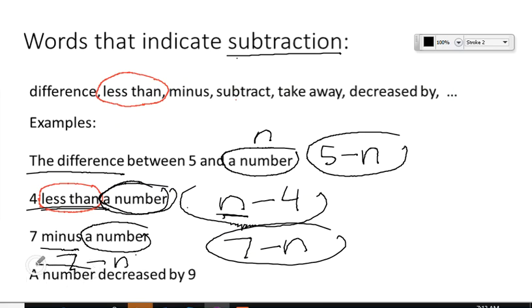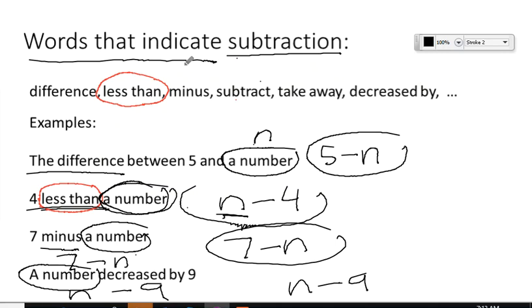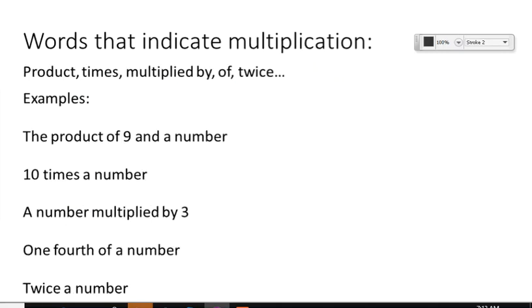Let's just translate this: a number decreased by 9. Something very key for this lesson is to pay attention to the words. Whatever the words are telling you, you just follow those to translate your expression.